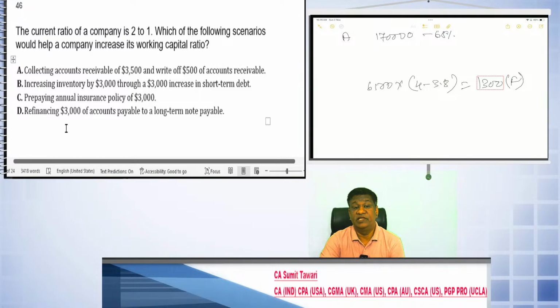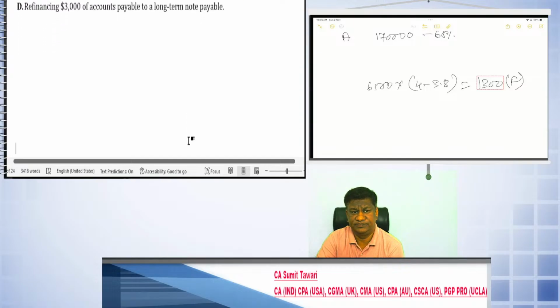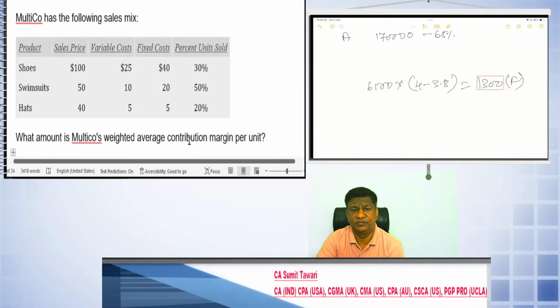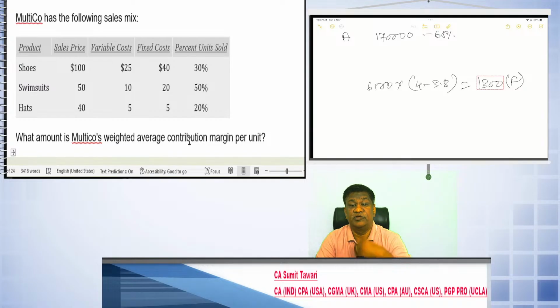In case of D, refinancing 3,000 of accounts payable to a long-term note payable means we are shifting current liability to long-term liability. So D is the right answer. Question number 47. Weighted average contribution margin.